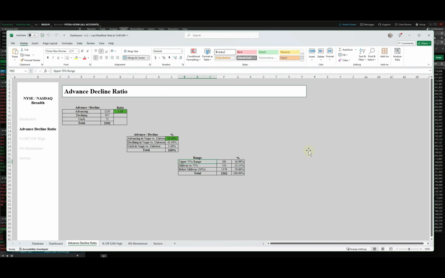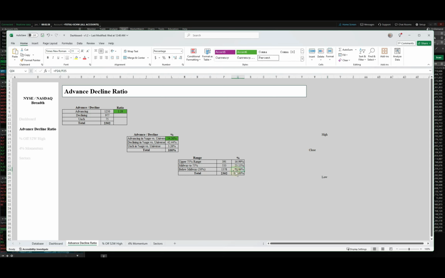So for example, if this is the open, and this is the high, and this is the low, and this is today's close, you see that it closed in the upper 75% of this range. If the price closes here somewhere, it's 50%. If the price closes below here, it is below 50%.